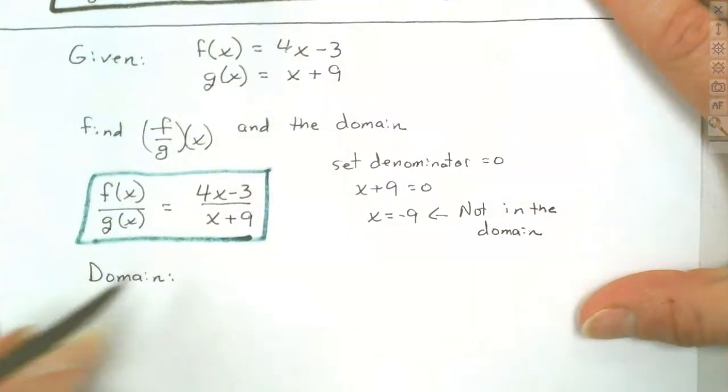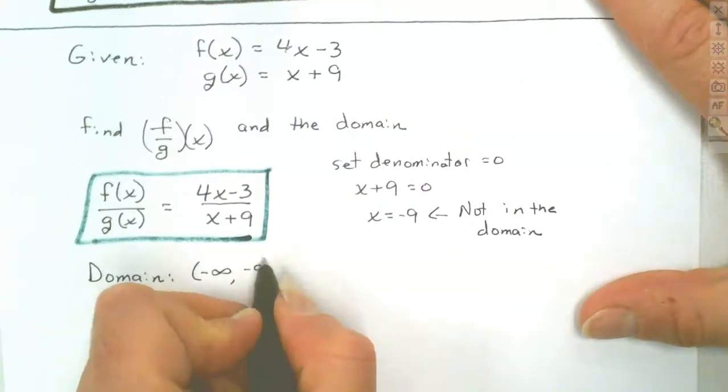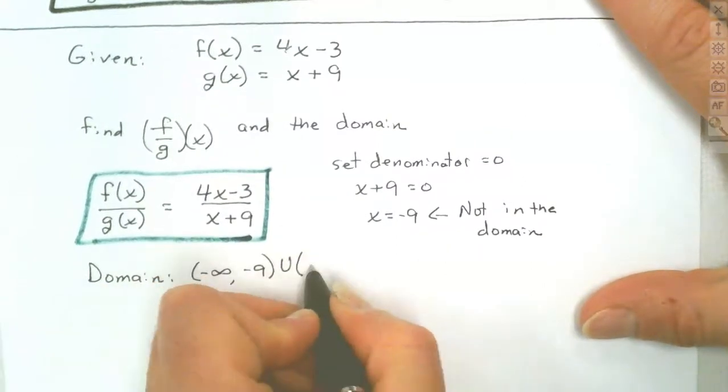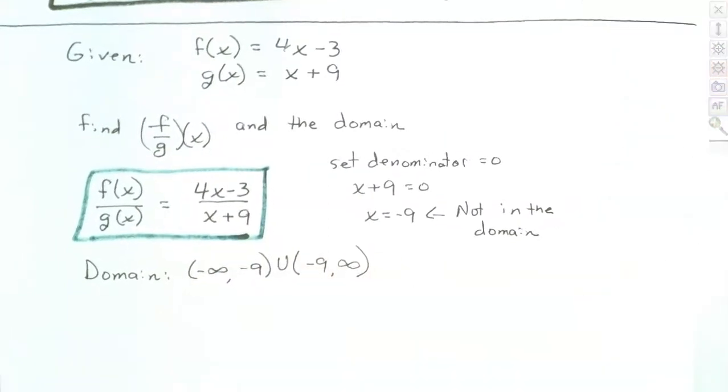Well, I write my domain as negative infinity to negative 9 union negative 9 to infinity. So we've got our function, and we've got our domain. We'll look at one more of these division ones, and then we'll talk about function composition.